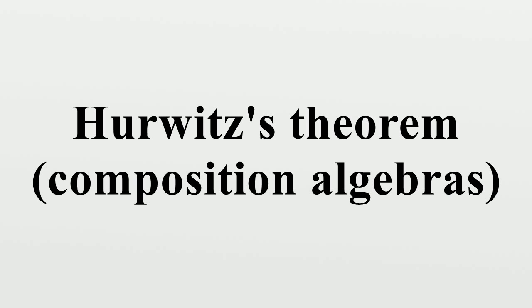Euclidean Hurwitz algebras. Definition: a Hurwitz algebra or composition algebra is a finite-dimensional, not necessarily associative algebra with identity endowed with a non-degenerate quadratic form Q such that Q(ab) equals Q(a)Q(b).